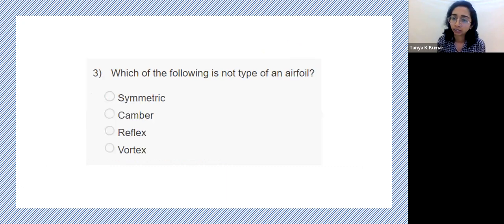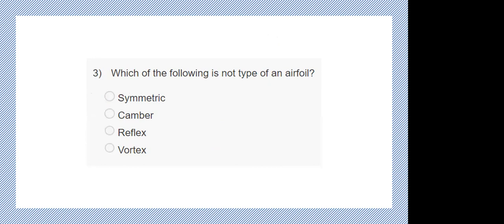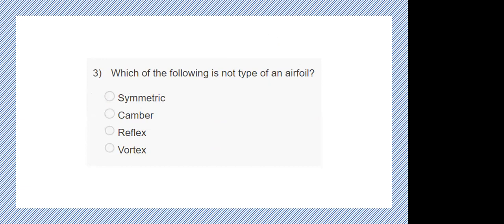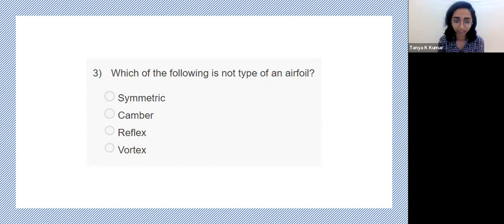Which of the following is not a type of airfoil? Vortex, ma'am. What is vortex? A vortex is like a twisted air stream which swirls around. Yes, it's correct. You have various types of flows: source, sink, vortex.